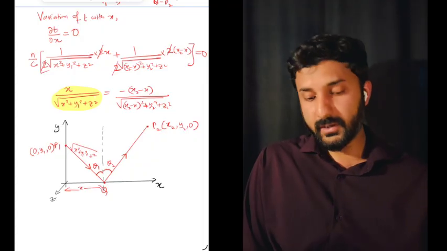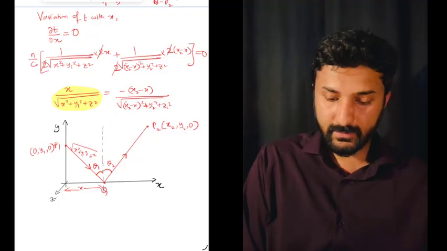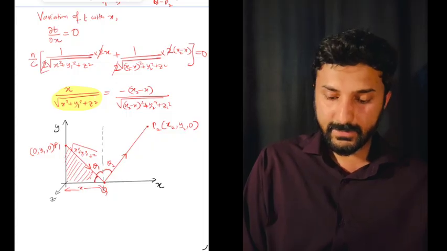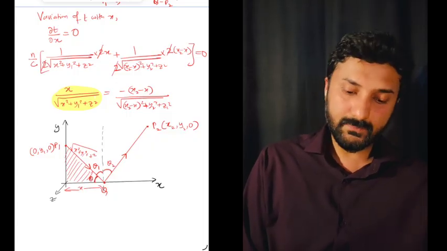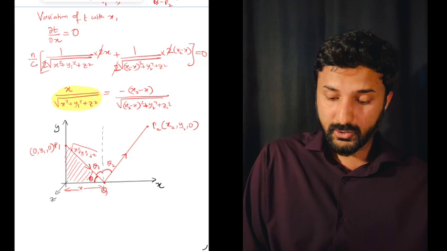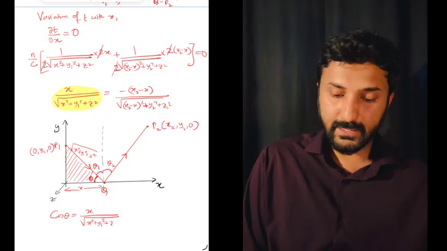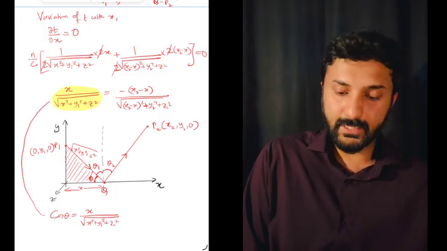Now if you think about it, in this right angle triangle, if I call this angle theta, what is cos theta? Cos theta is going to be exactly this, adjacent side divided by the hypotenuse. And that's nothing but the left hand side.